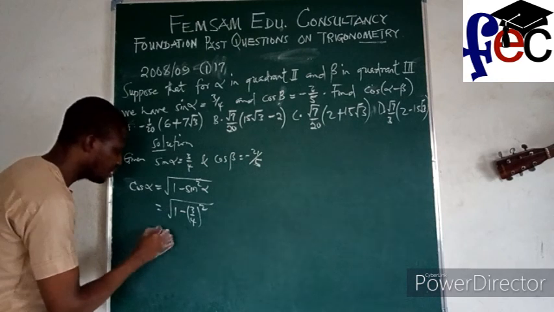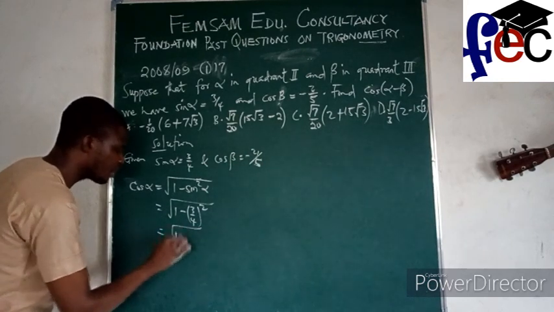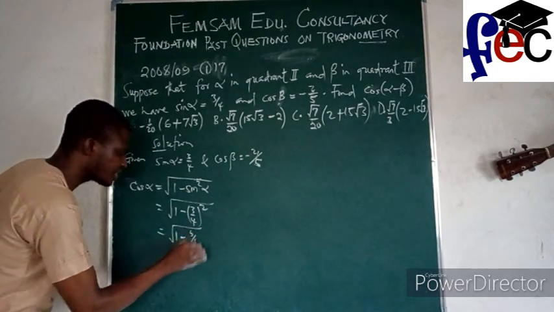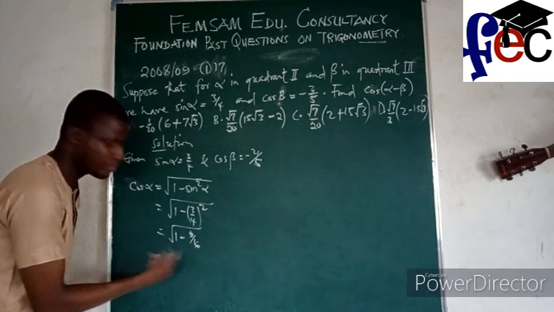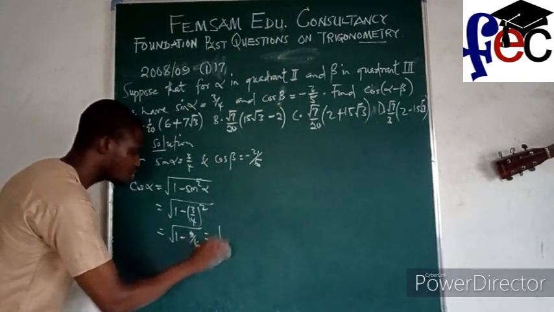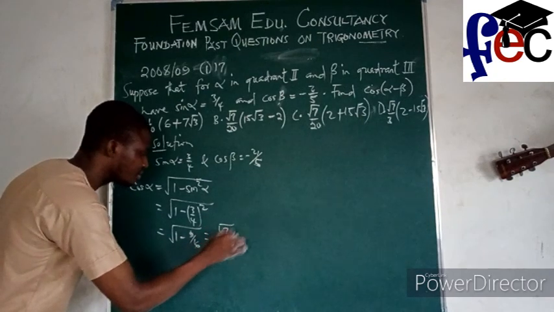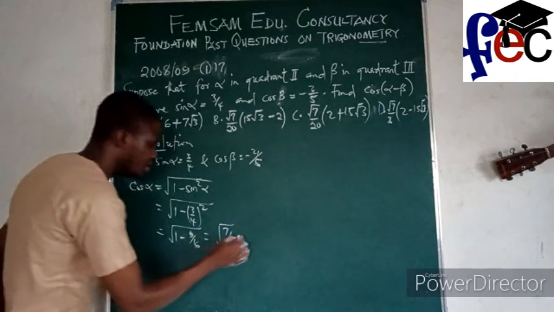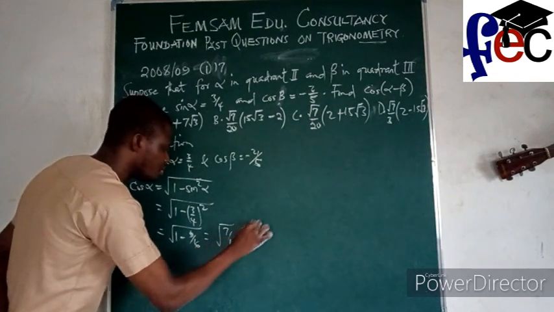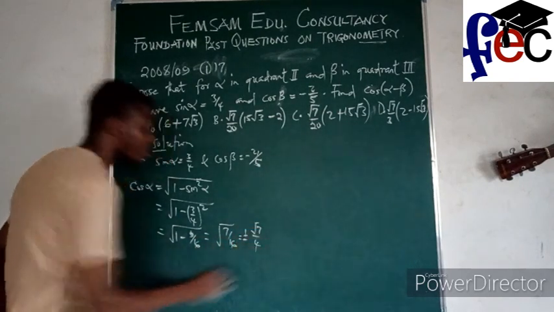And this will give me the square root of 1 minus 9 over 16. This is a proper fraction, so subtract the proper fraction from 1. That will give me the square root of 7 over 16, which is 16 minus 9. So I get plus or minus square root of 7 over 4.